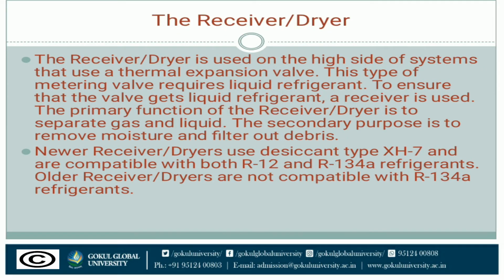As refrigerant moves out of the condenser, the liquid goes through a little reservoir installed in the line. This is called the receiver dryer. This receiver contains desiccants, small granules that attract water.